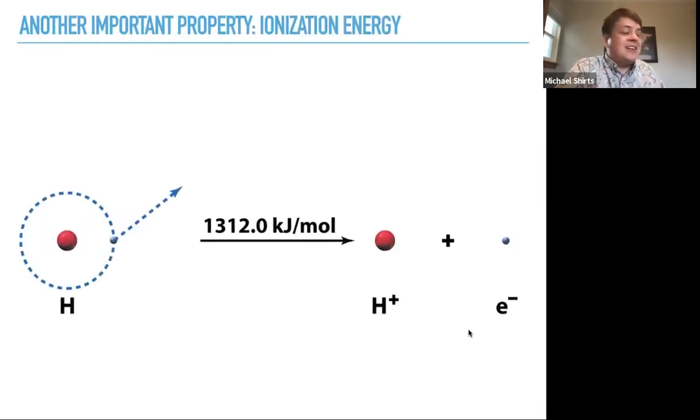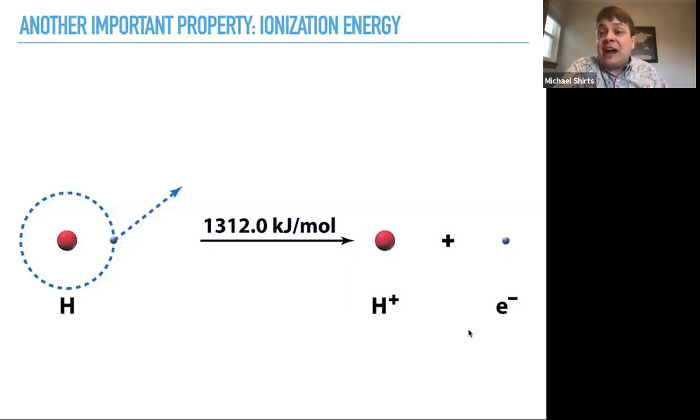Okay, so ionization energy. This is super important because it relates to how easy it is to pull an electron off of an atom. So when we're talking about reactions, that is pretty key. Now, ionization energy we define for a very particular reaction, and that is if we have a gaseous atom and we strip an electron off of that, what is the energy that that takes?